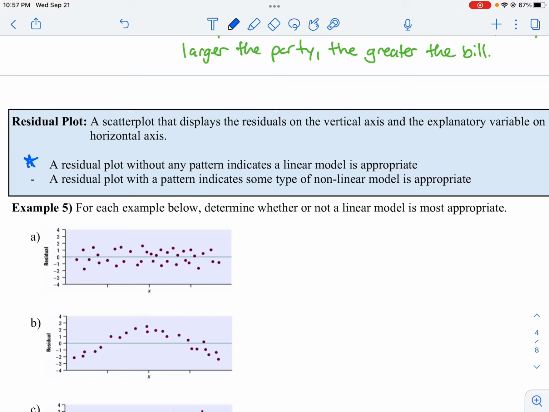But a residual plot with a pattern is going to indicate that a non-linear relationship is appropriate.